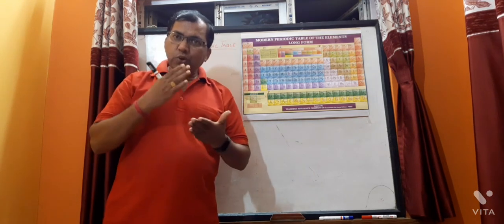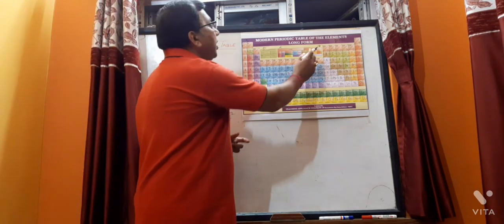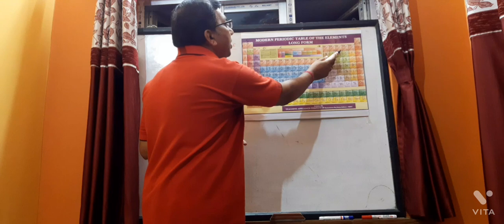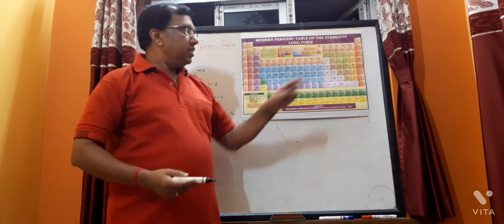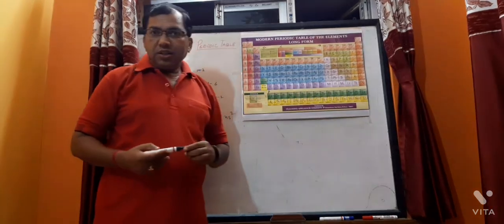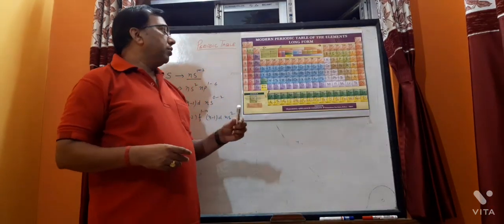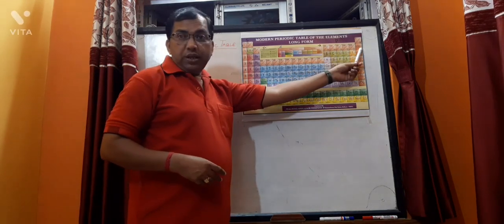So 6 groups, that is group 13, 14, 15, 16, 17, 18, belong to this block. The p block consists of group 13 to group 18.